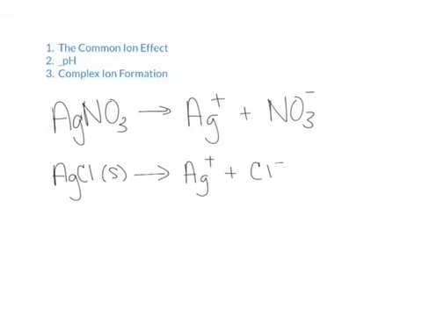Now, if we were to set up an ice table, having added this solid to the first solution where we had Ag+ and NO3- in solution, we're going to do a qualitative ice table for this example.